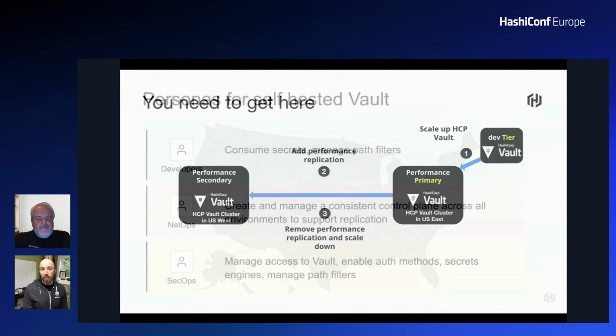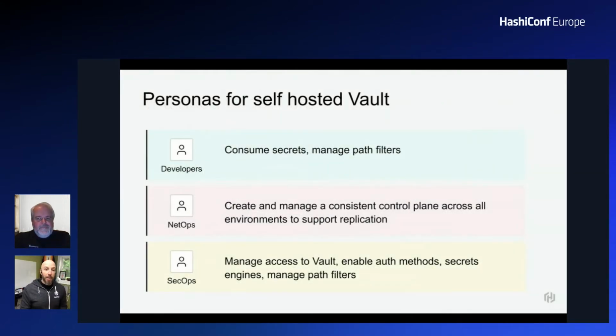If you think about how that might have worked with self-hosted Vault, there's a lot of different people that may need to get involved in order to scale up a self-hosted Vault cluster. There are different people that would need to be involved in replication and security, who's going to access that.